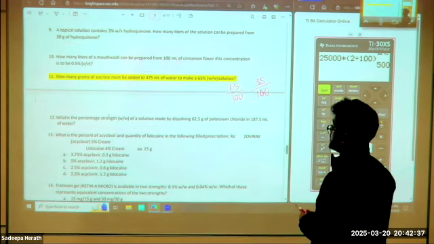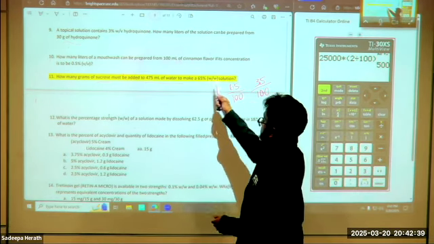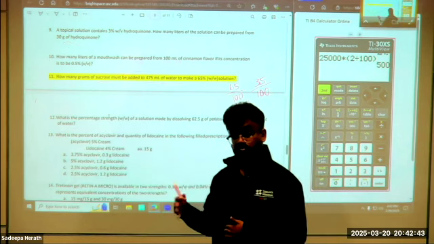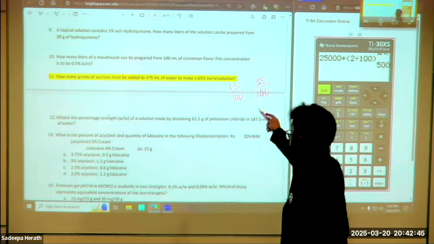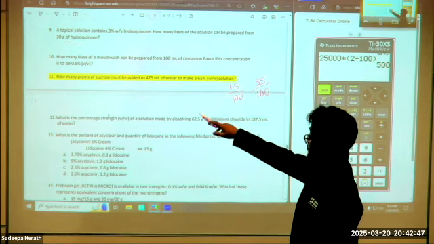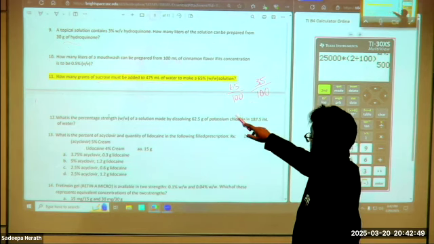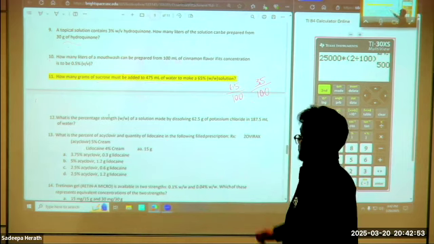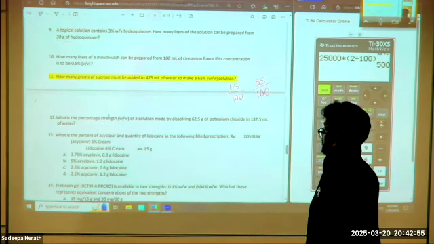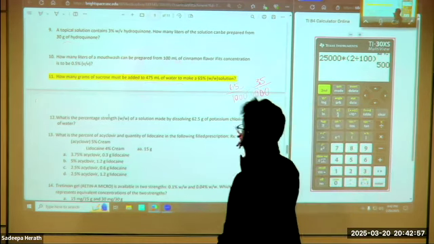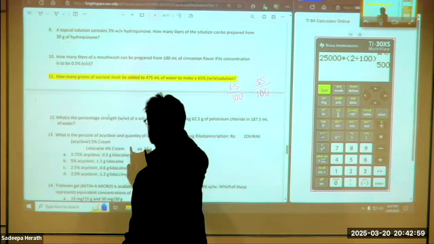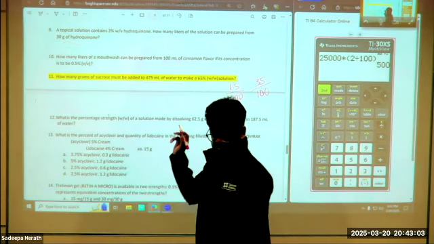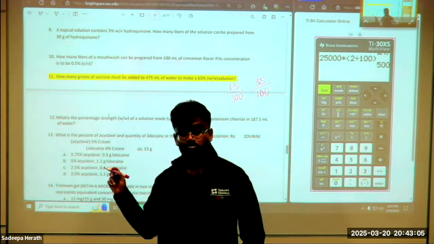So we know that 65% generally is 65% of the drug over the total. So we know 65 over 100 is for the sucrose, and then 35 over 100 is for the water. So how do we go about this? We can do a percentage ratio.